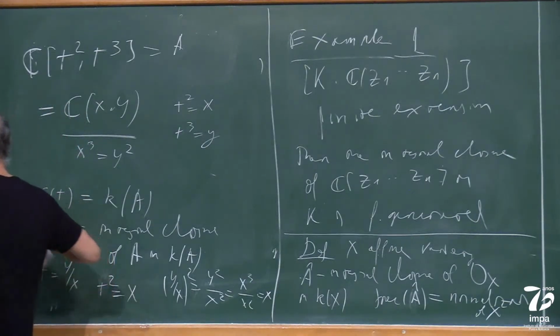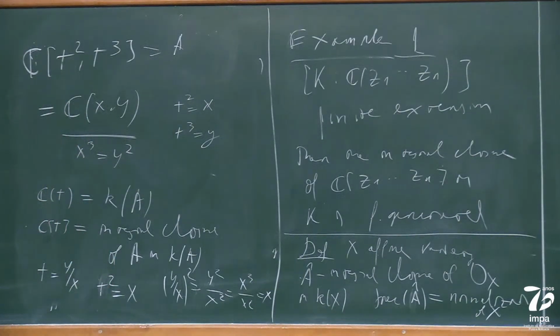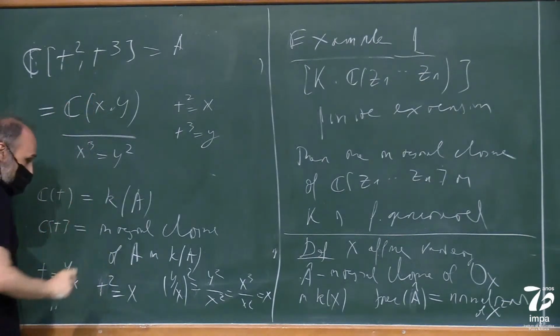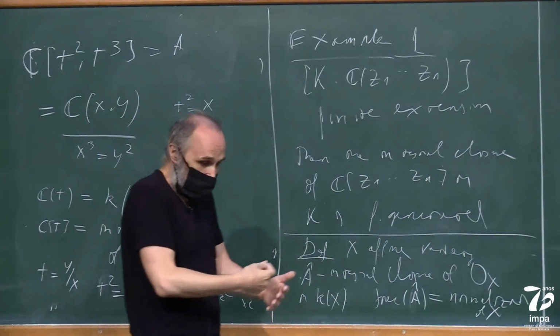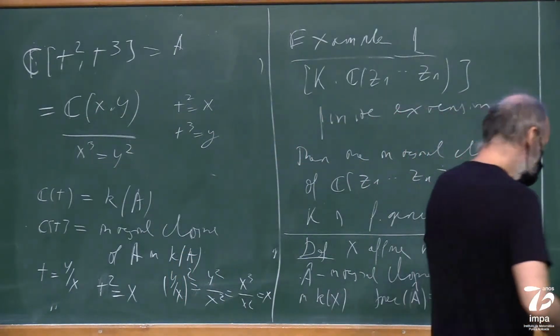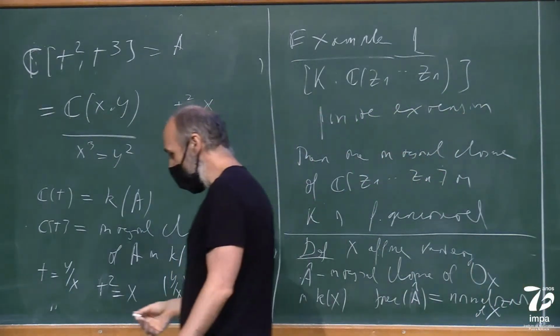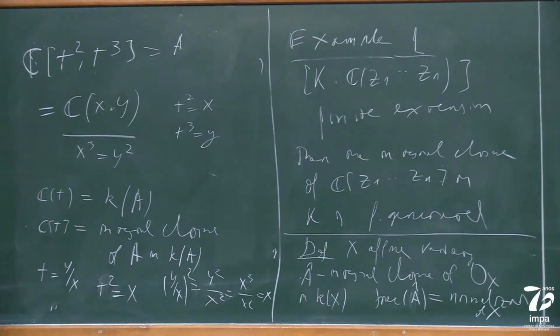And this has a geometric interpretation. So look at this. You can think of this as a curve, a one-dimensional subvariety in C squared, and it's parameterized by t, and it has a singularity near 0.